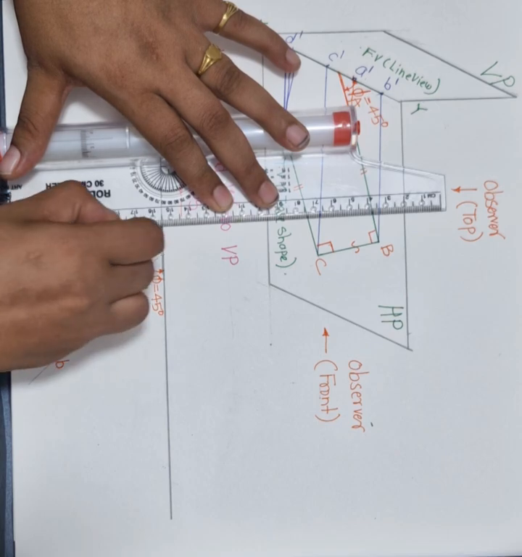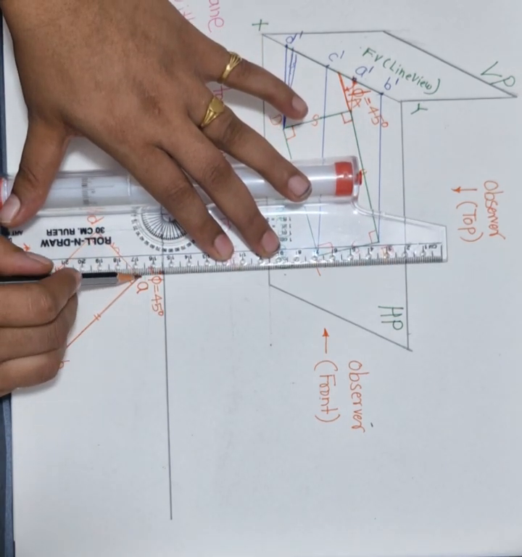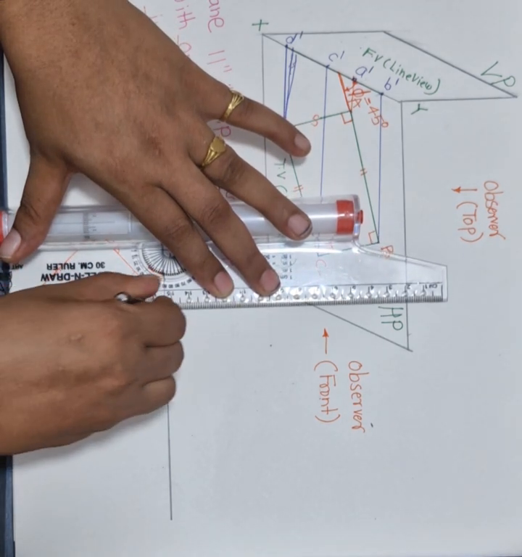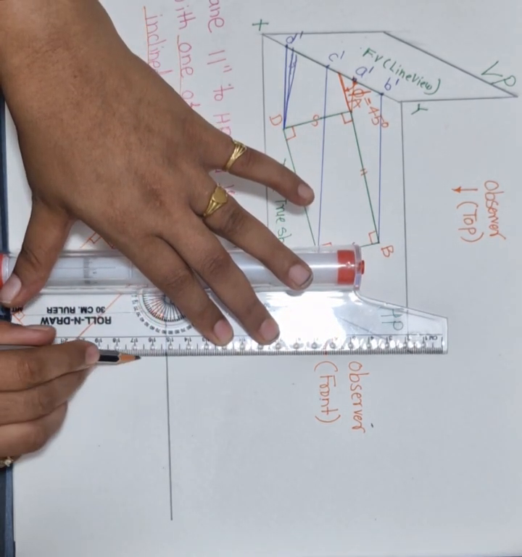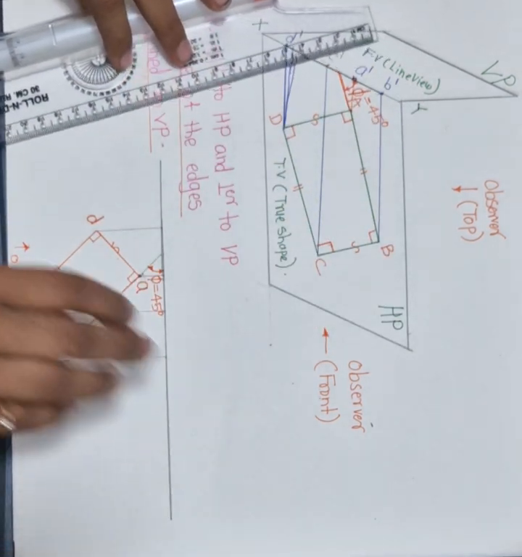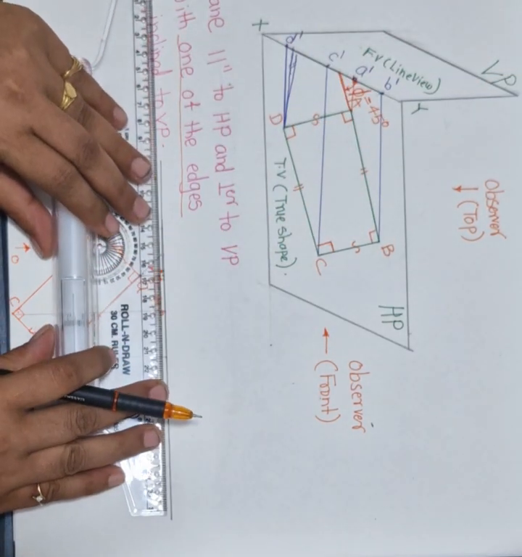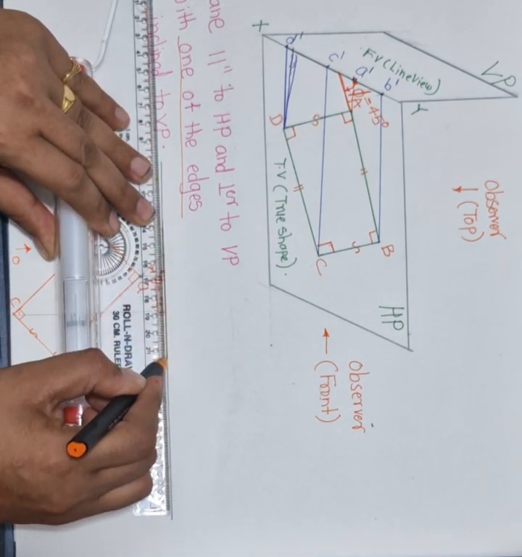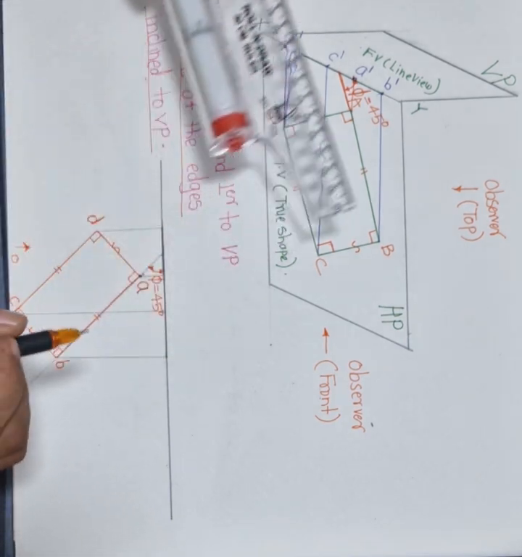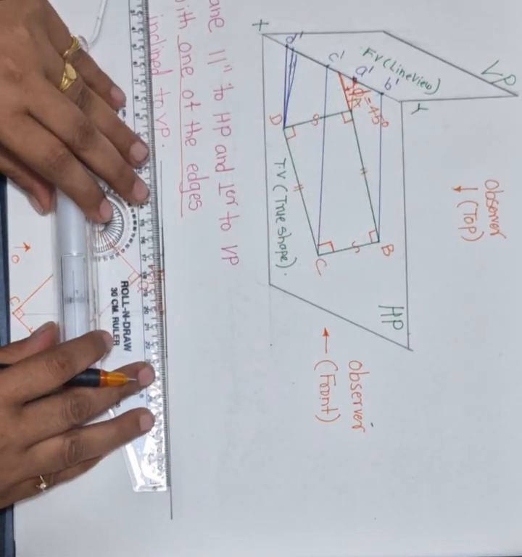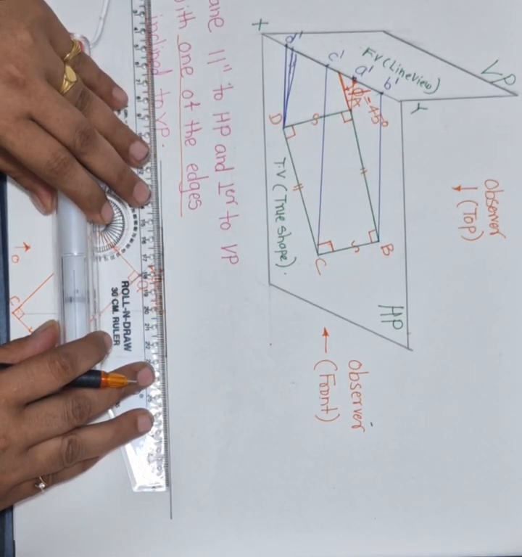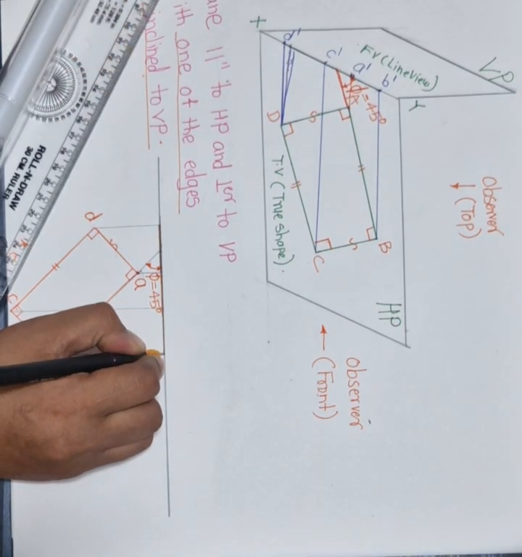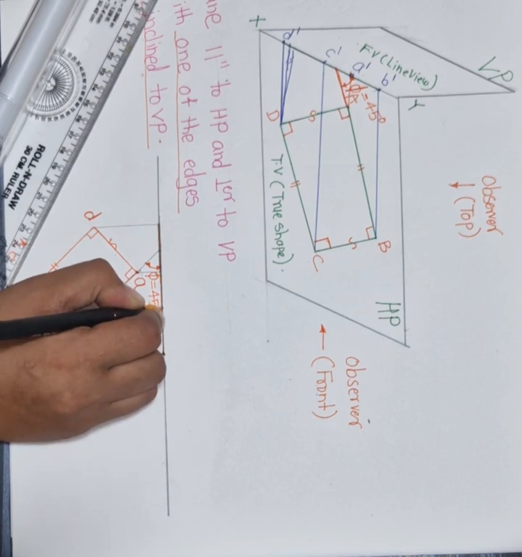So projector of D up to here, projector of A up to here, projector of C, then projection of B. So here we can observe a line view in the front view.